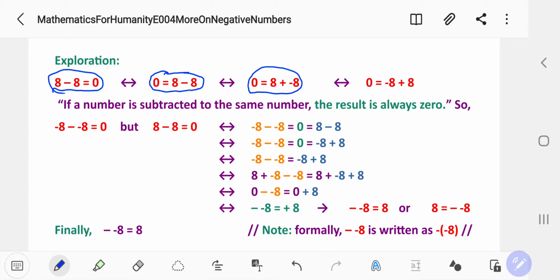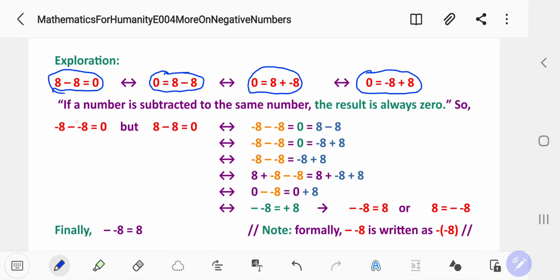And since you can rearrange, if you add two numbers, you can change the order. So this is also equal to 0 equals negative 8 plus 8.